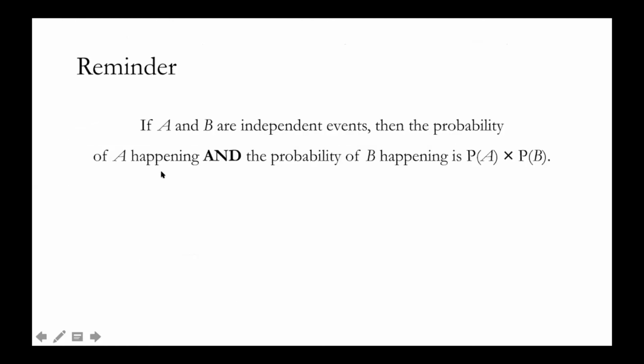And this is a reminder from your class that if A and B are independent events, then the probability of A and B happening will be the multiplication of the probabilities of the two events.